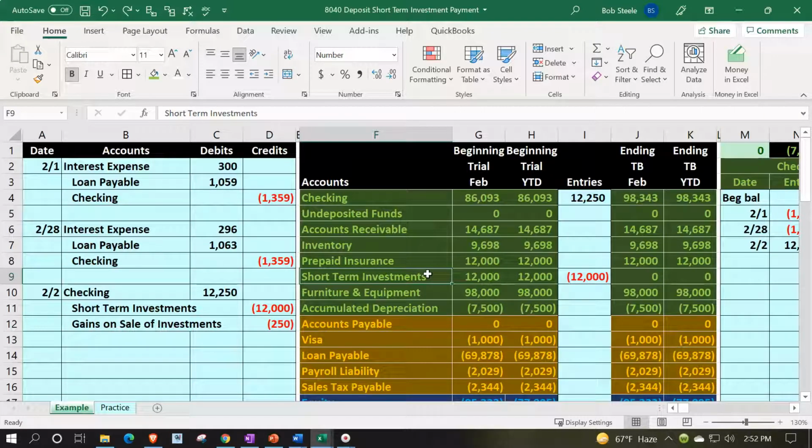So a couple things just in general with the short-term investment. Remember that this company is not in the business of investment income. We're in the business of guitar shops, selling guitars and so on. If the business is not in the business of investment income, like dividend and interest income, then generally you might put it there as a short-term investment until you're going to be selling it to purchase something for the business, like equipment and inventory.